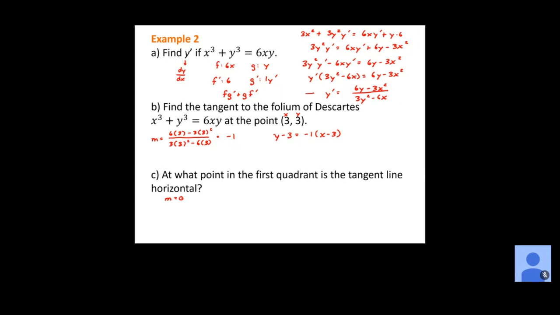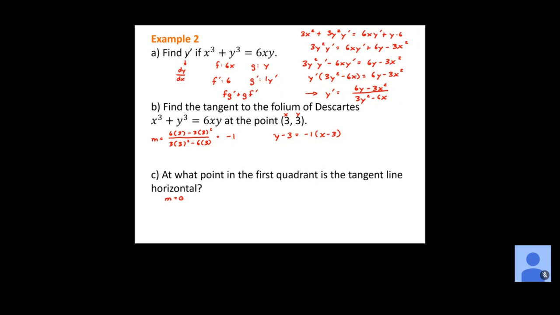Here is our derivative that represents the slope of our tangent line. We know the slope of our tangent line is 0. So what are we going to do? Set it equal to 0.